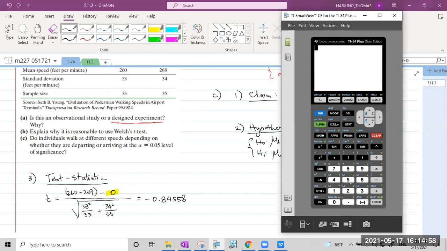So 260 minus 269, that's the numerator, divided by the square root of 53 squared over 35 plus 34 squared over 35. Boom, that's how we compute that. Now that's the test statistic. Let's go on.